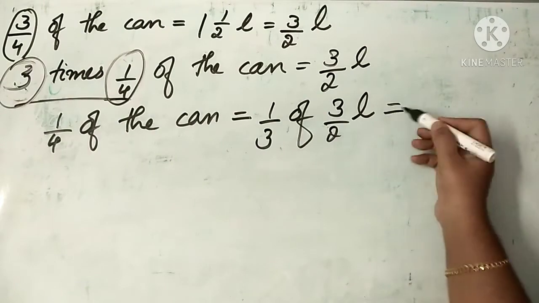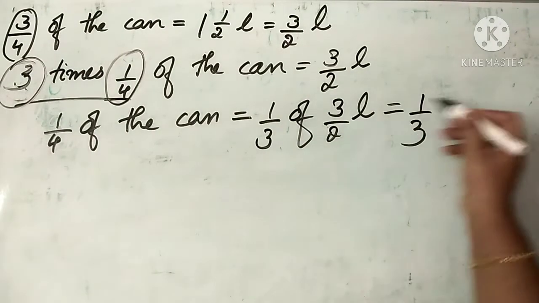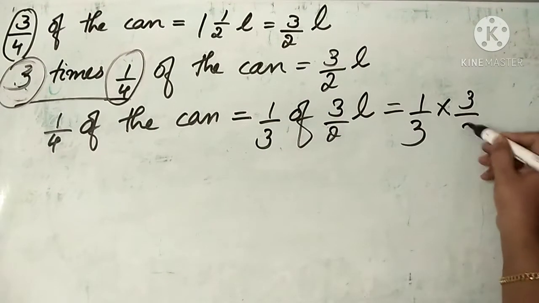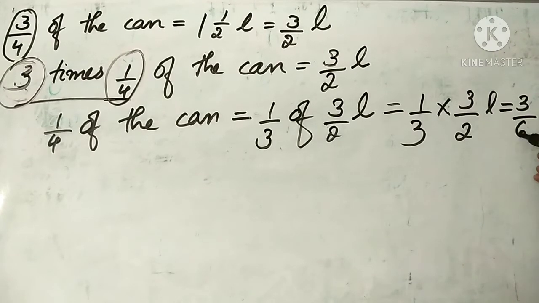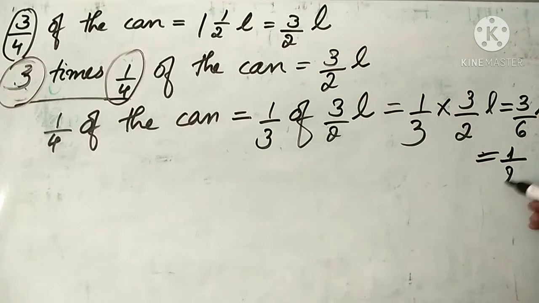That is equal to 1 by 3 into 1 by 2 liter. That is equal to 1 by 6, 3 2s are 6 liter. So 1 by 4 of the can contains 1 by 6 liter of water.